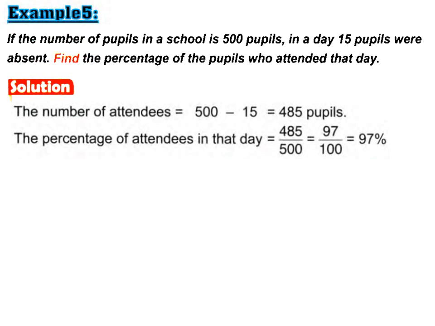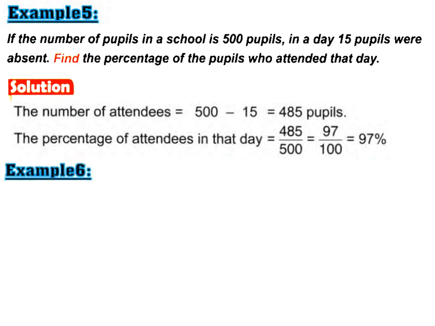It gives me the bottom equal to 100. This means that if the bottom of the ratio equals 100, this is called a percentage. So it is 97%. Or use your calculator, multiplying the fraction 485 over 500 by 100%, it will give you 97%.